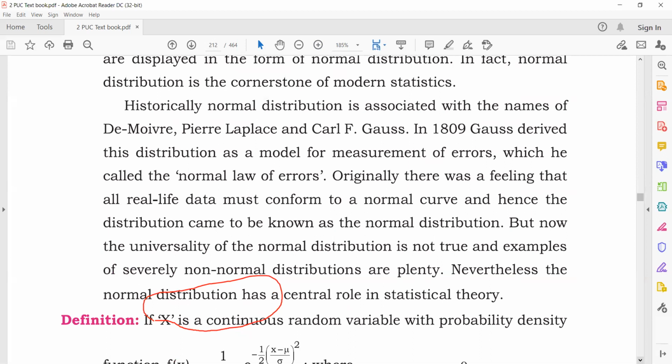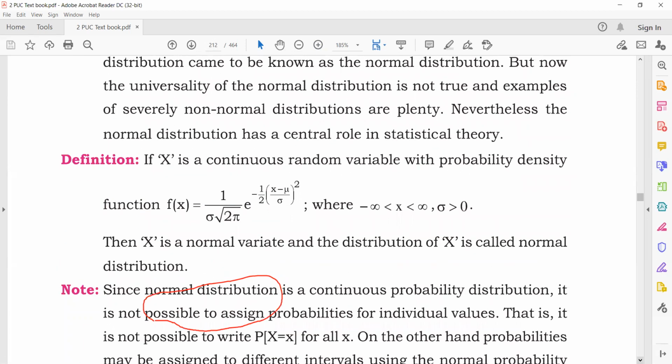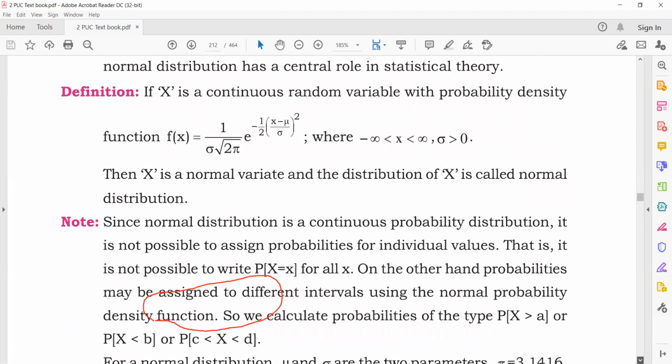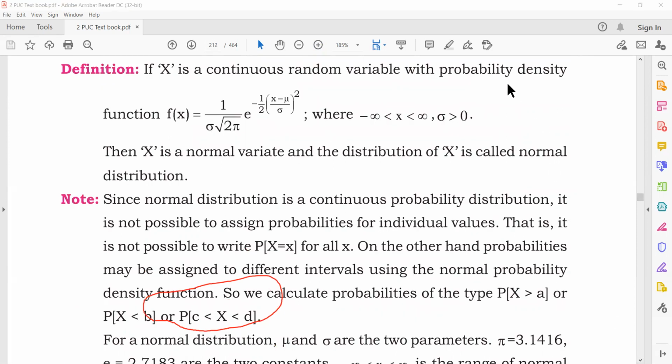And then looking at the properties. Your question will be, what is a normal distribution? Write a note on normal distribution and its application. So I have to look into all particular properties.